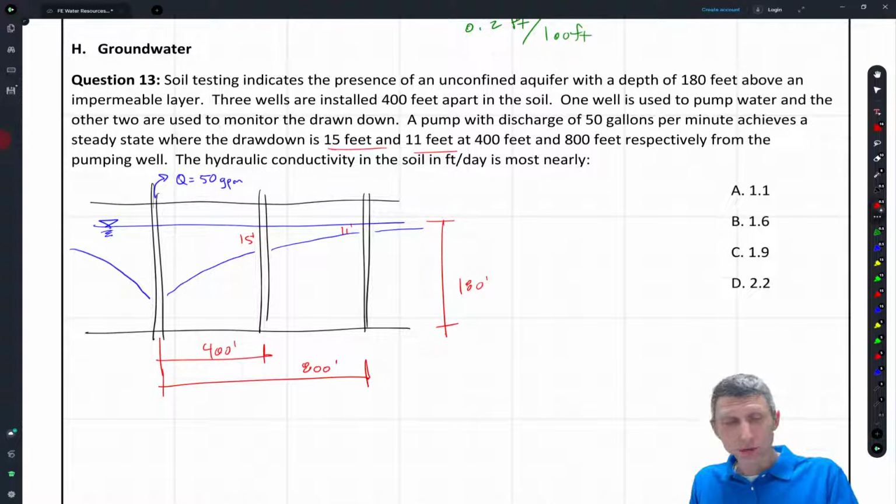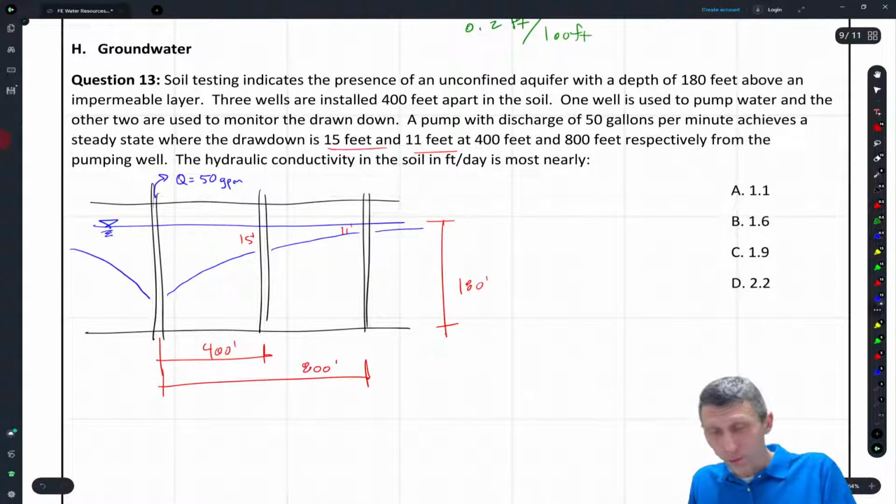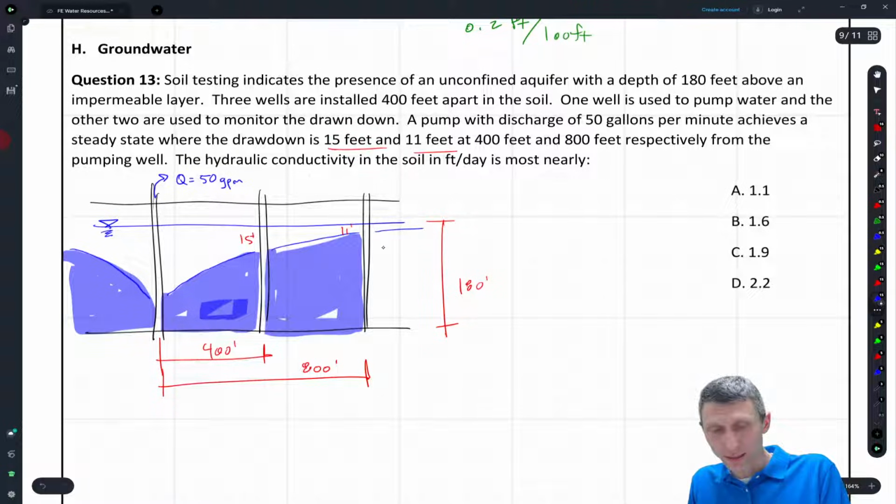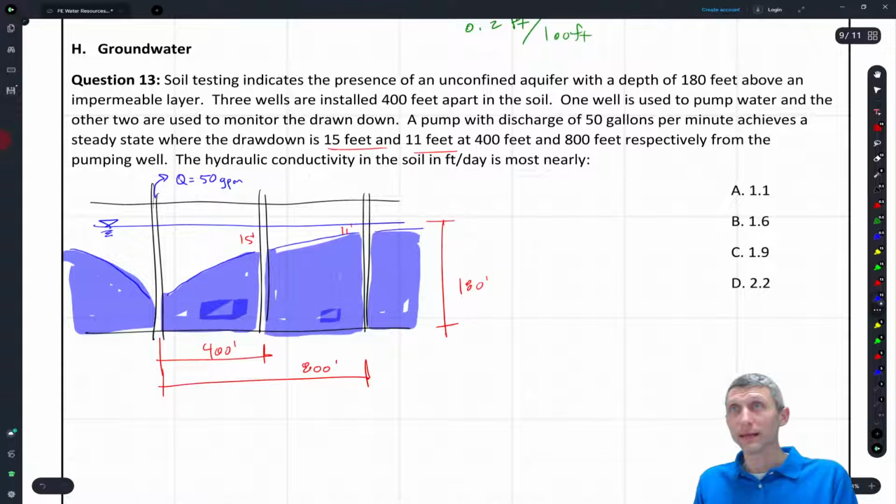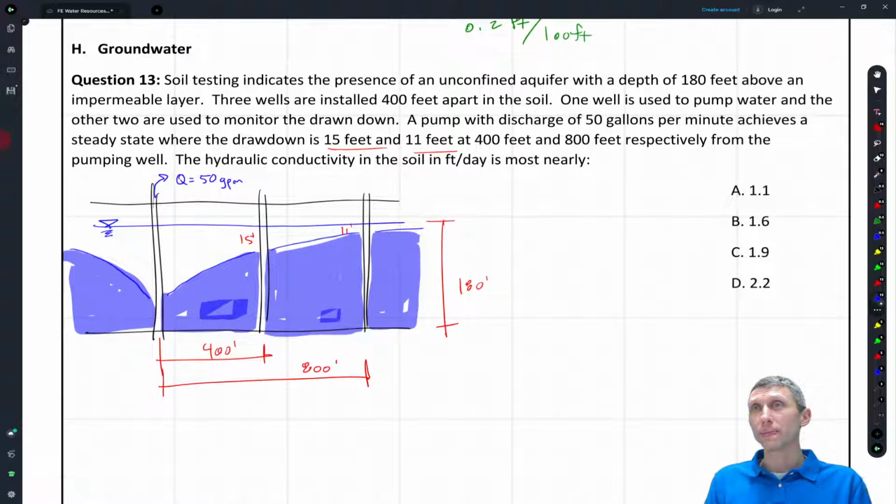Okay, so our water is getting drawn down in each of these wells. We'll see that coming down, and this is our well drawdown problem, right? That's what this looks like.